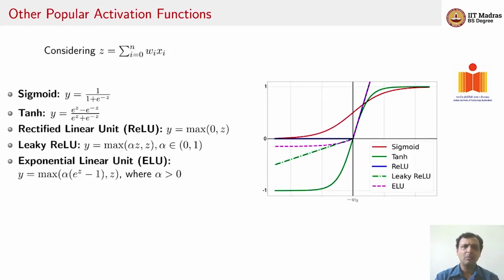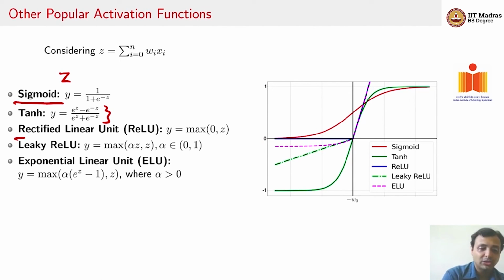There are other popular activation functions. We briefly review them here, but we'll cover them in detail in a later lecture this week. A sigmoid activation function, we just said, assuming your input is z, is 1 by 1 plus e power minus z. Tanh, as we know, is the hyperbolic tangent, which is given by that formula there.